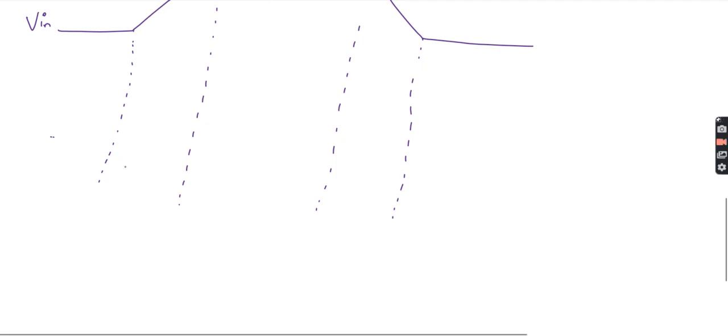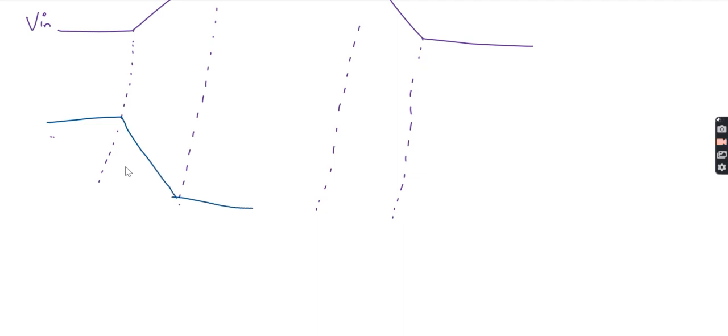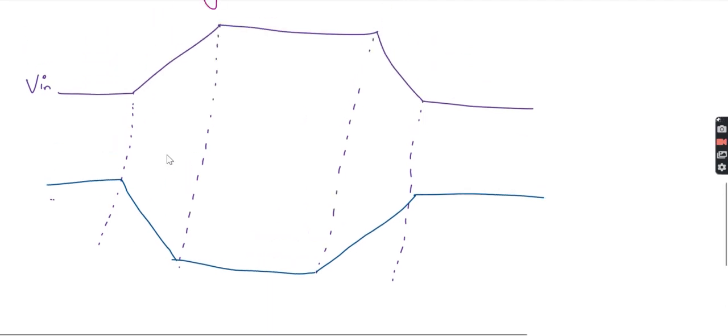This is 0, right? So if it is 0, the output will be 1, okay, then 0, then it will be like this, then like this, then this, okay. Now we can say this is T1, okay.